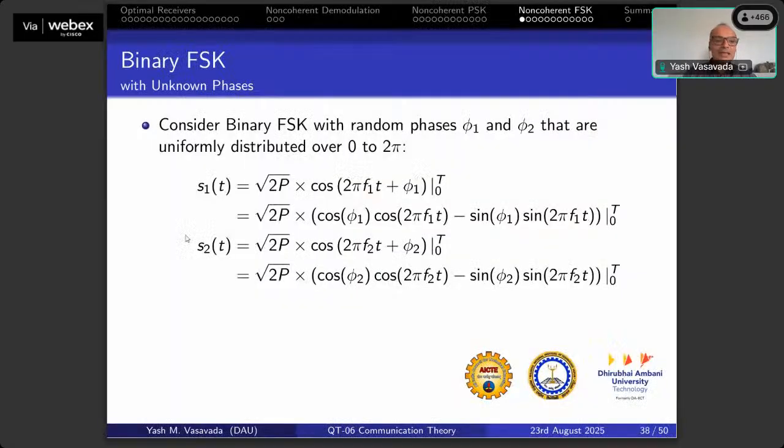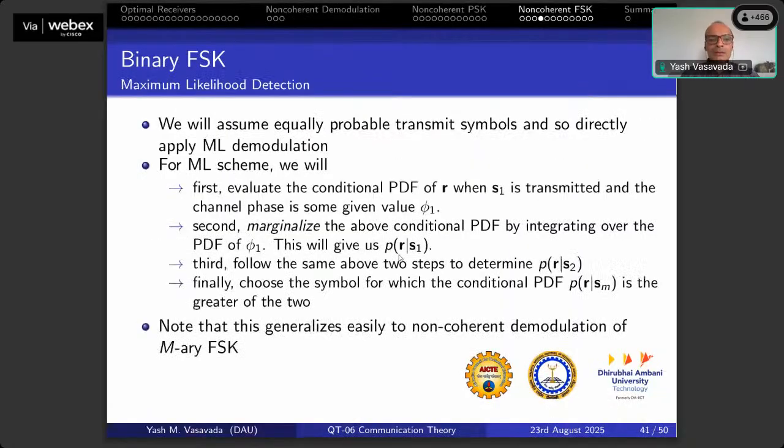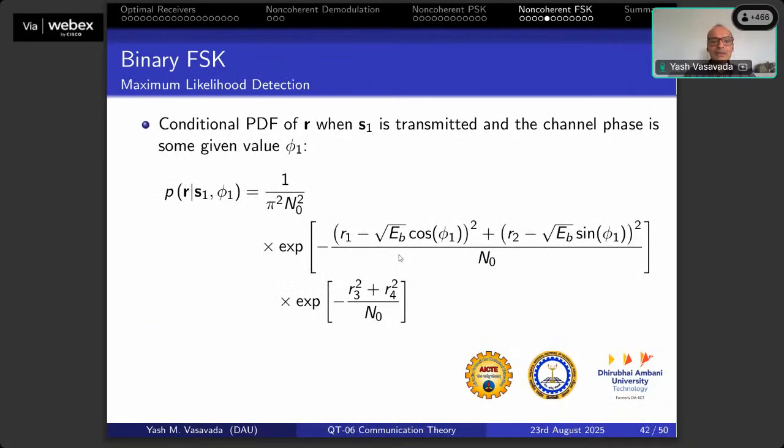When S1 is transmitted, the correlation of S1 with cosine of f2 and sine of f2 is 0. Basically, the mean terms go away. The mean of the received signal corresponding to R3 and R4 becomes 0. And therefore, the conditional PDF is given like this.